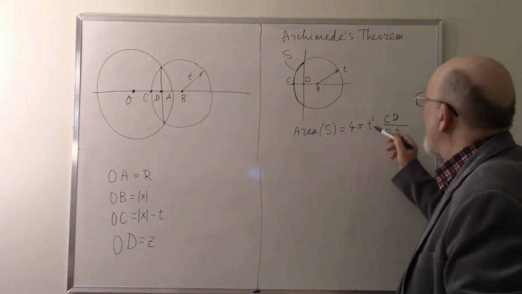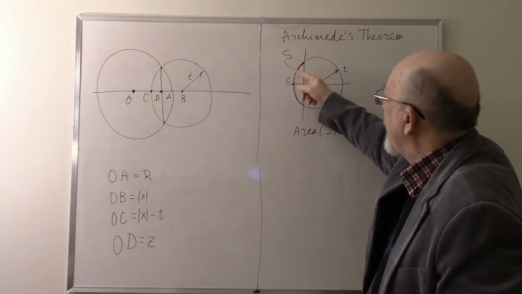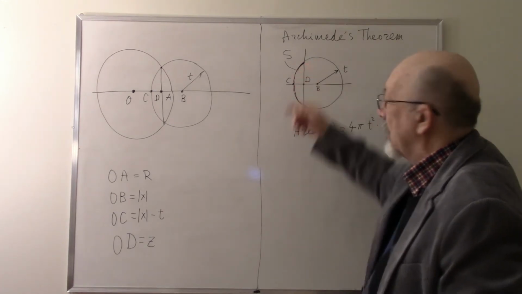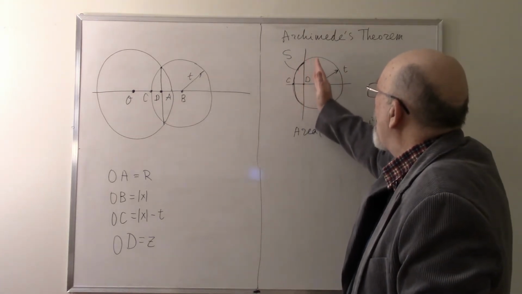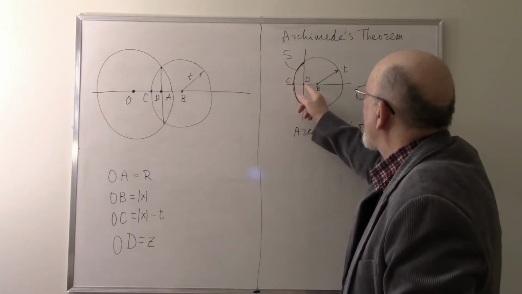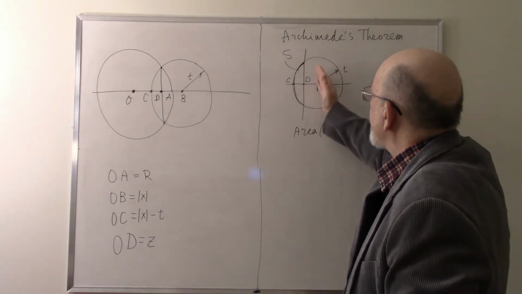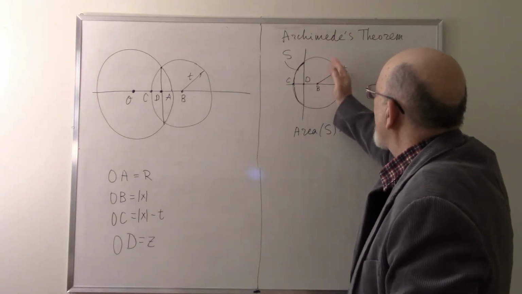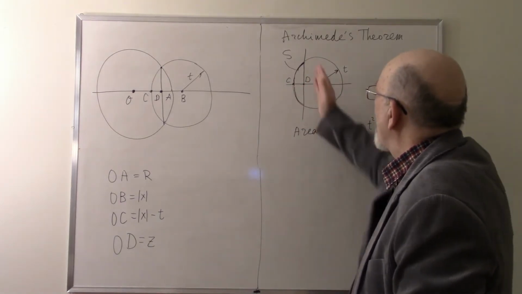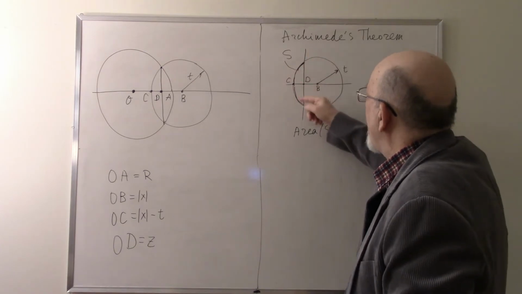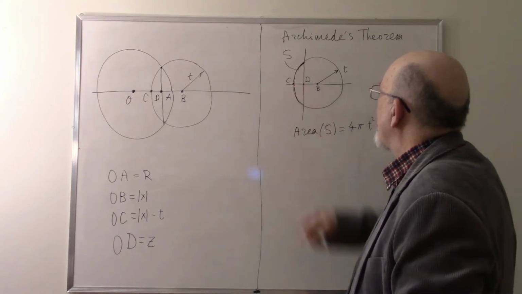So what is this? This is the full area, and the formula says that the area of this part, let us call it spherical cap, is proportional to this segment CD. So if you move this plane orthogonal to CD, then the area of S changes linearly. It is a linear function of the distance CD.